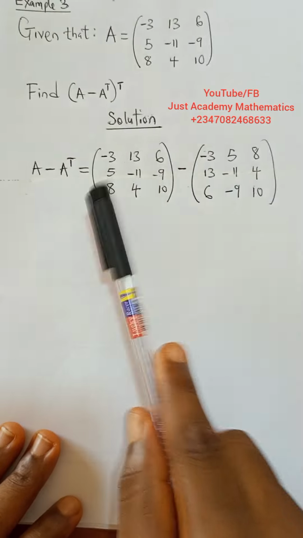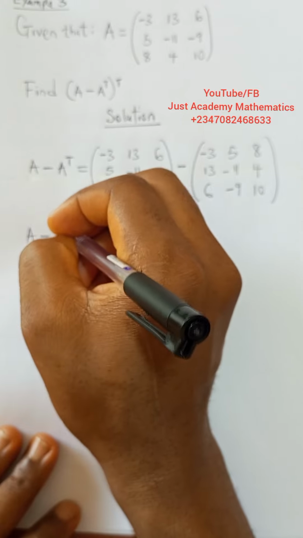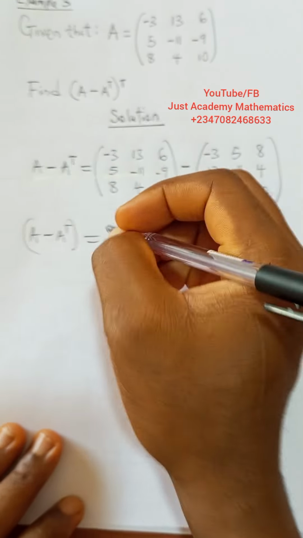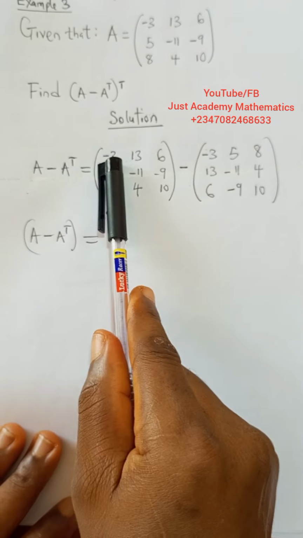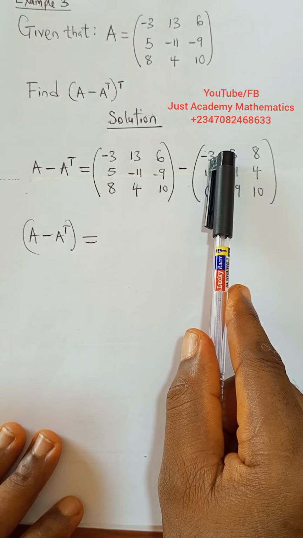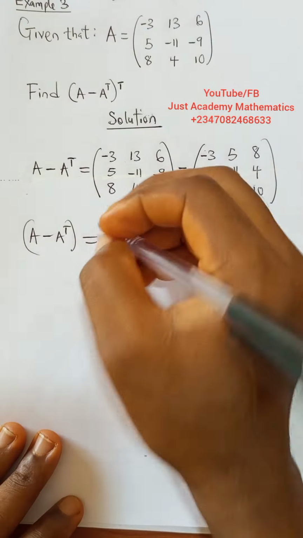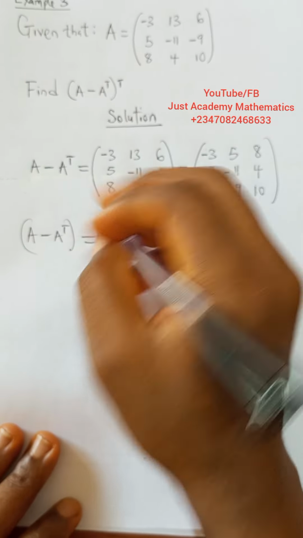So let's solve for this first. So we now know that A minus A transpose is equal to what? Let's go. Minus 3 minus minus 3. Minus times minus is plus. So it's like saying minus 3 plus 3 will give us what? 0. So you put 0 here.